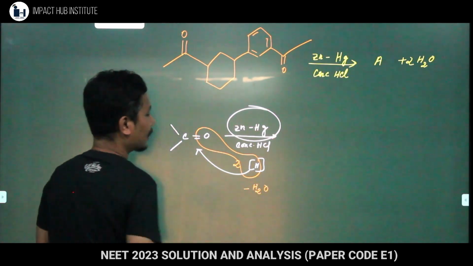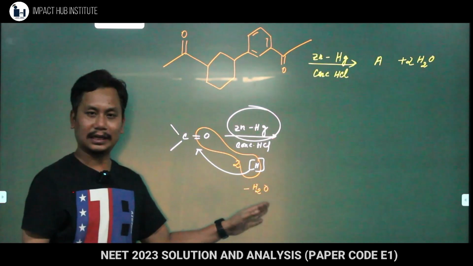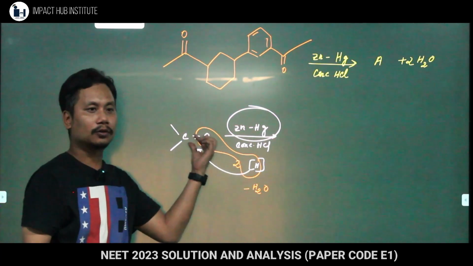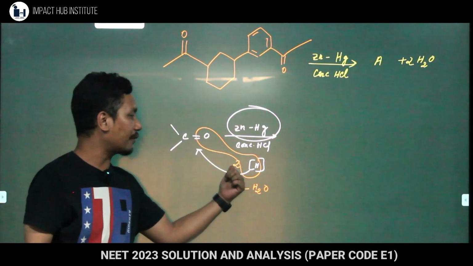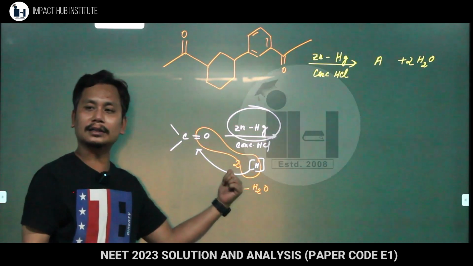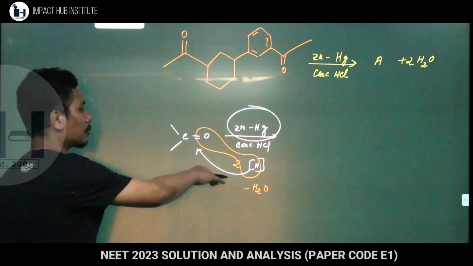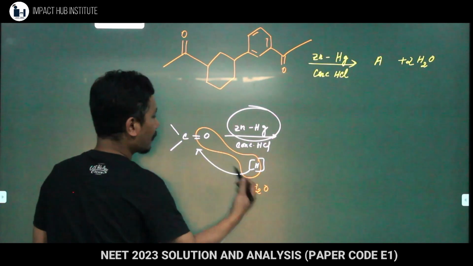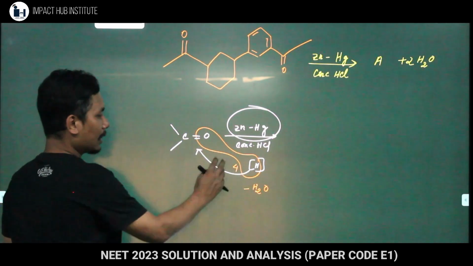But if I take out this water, H2O, there will be no hydrogens left here. So this time we have to increase the number of moles. The first we used 2, and the next even number that we put here is 4.